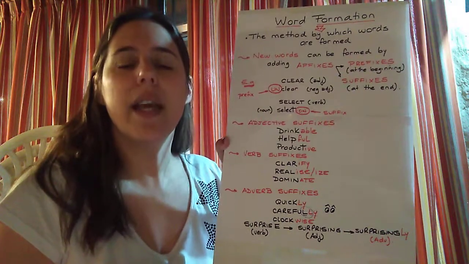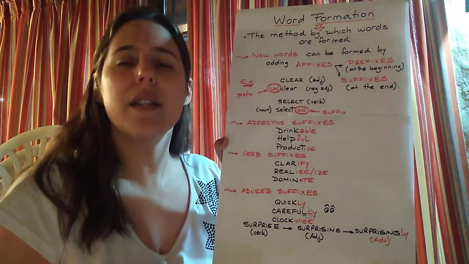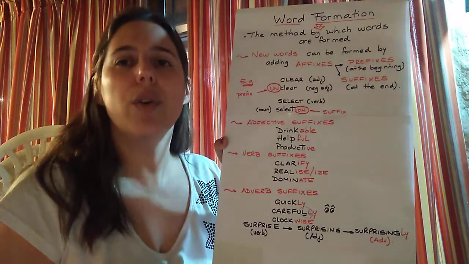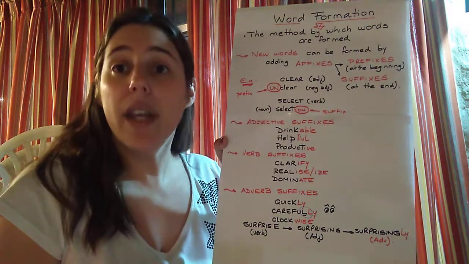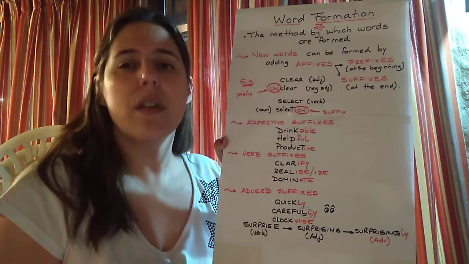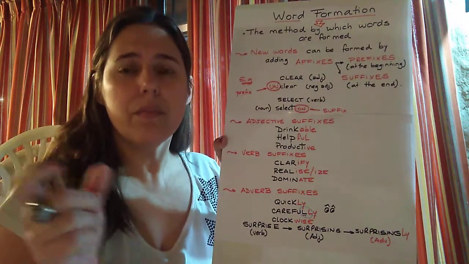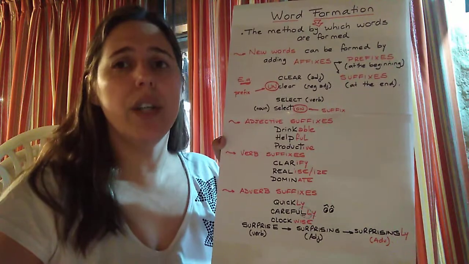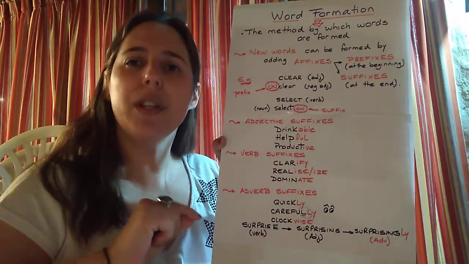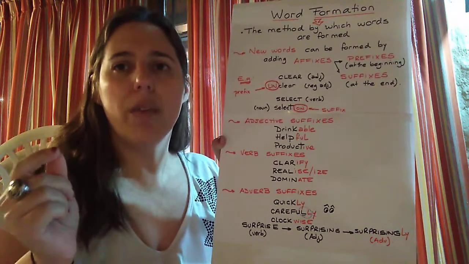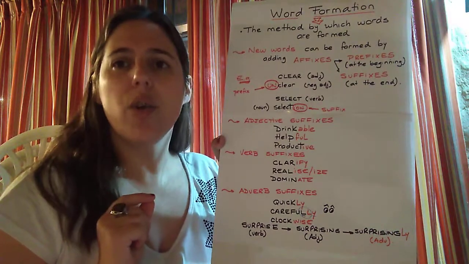If it is a noun, if it is an adjective, if it is a verb, or if it is an adverb, or the negative. Okay, so first spot the word that you need, and then with the word that you're given, think if you need a prefix or a suffix to form that new word that you are asked.